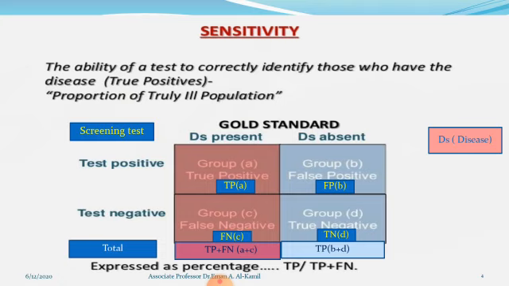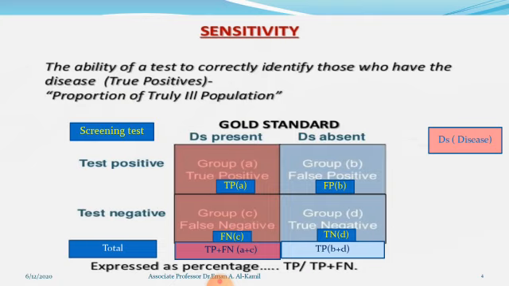The first row is test positive by the screening test, and the second row is test negative by the screening test. So always we are going to make a 2 by 2 table in order to compare the two tests.